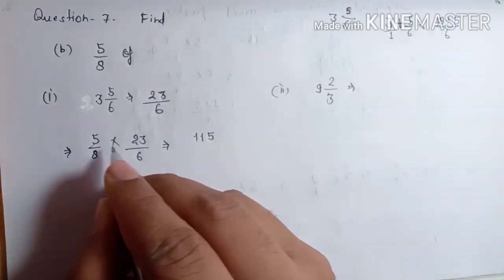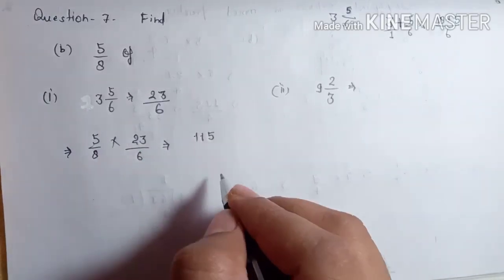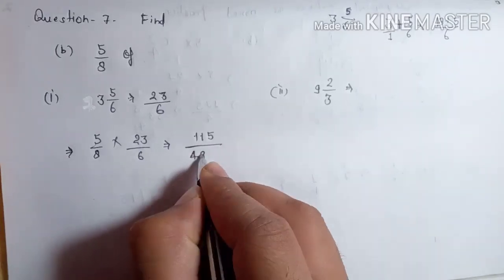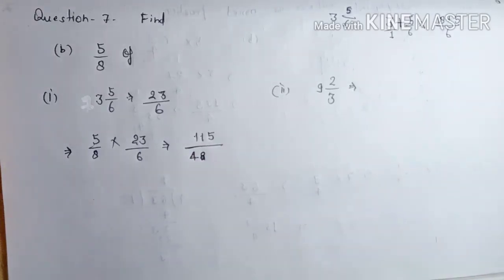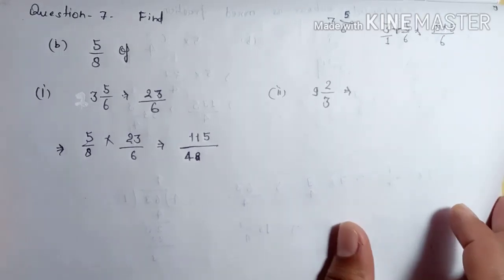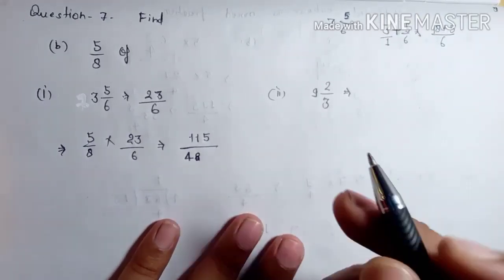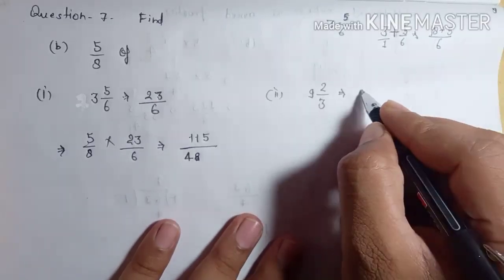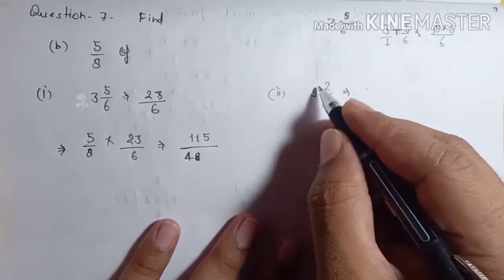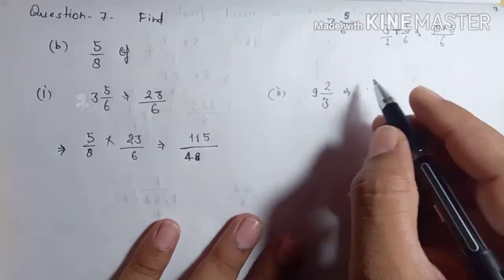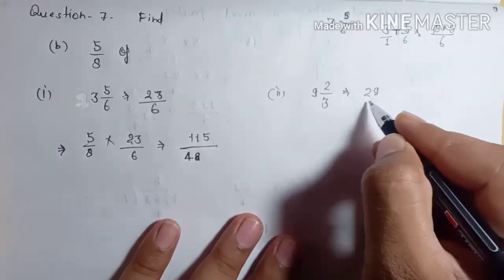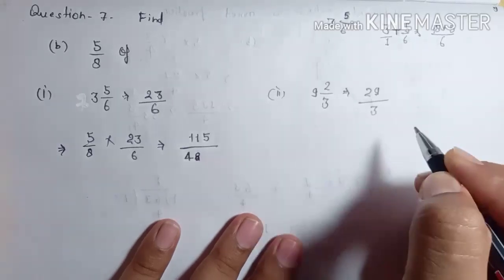This is 115. 5 into 23 becomes 115 and upon 48. The same method we can apply here to find 5 upon 8 of 9 whole 2 upon 3. First convert into improper fraction. 9 3s are 27. 27 plus 2 became 29. And 29 upon 3.